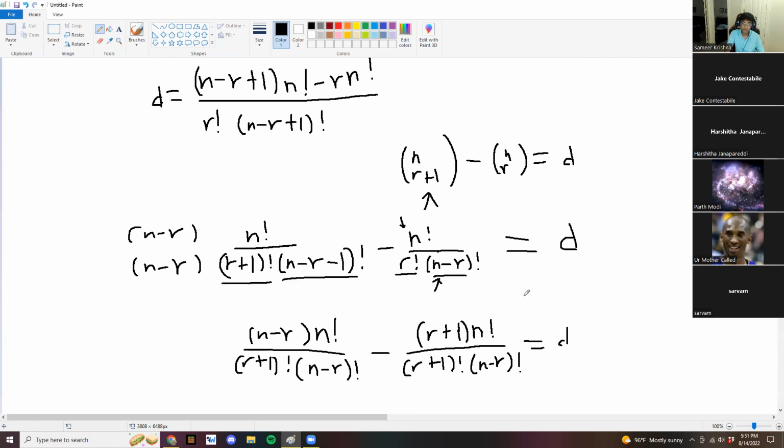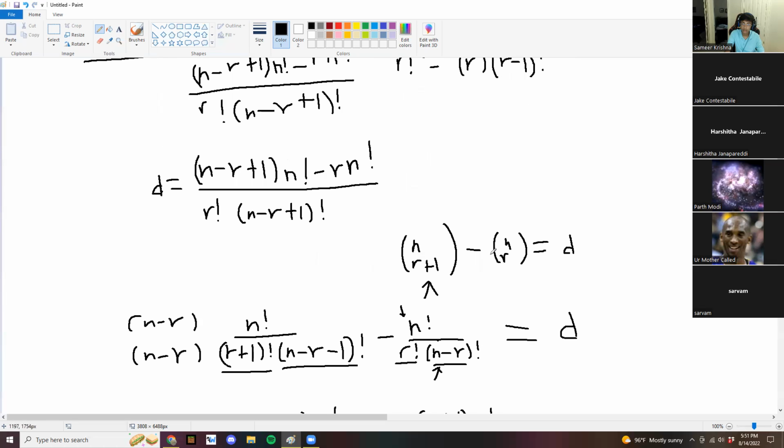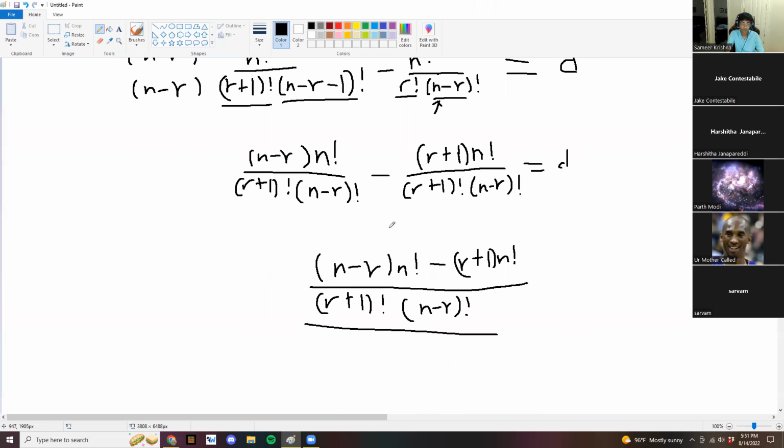Now we have two values for D: this equation and this equation. That means they're both equal to each other, right? Right. So you write that out.